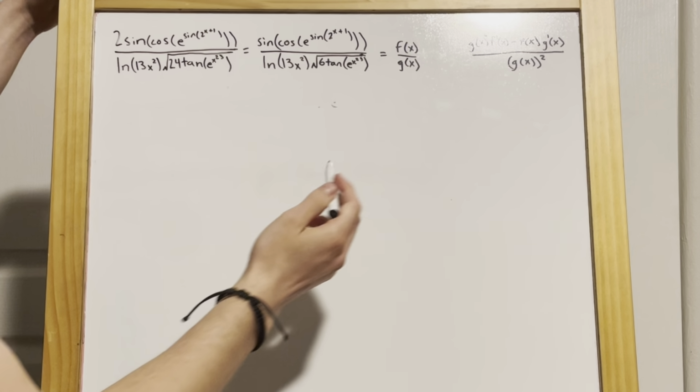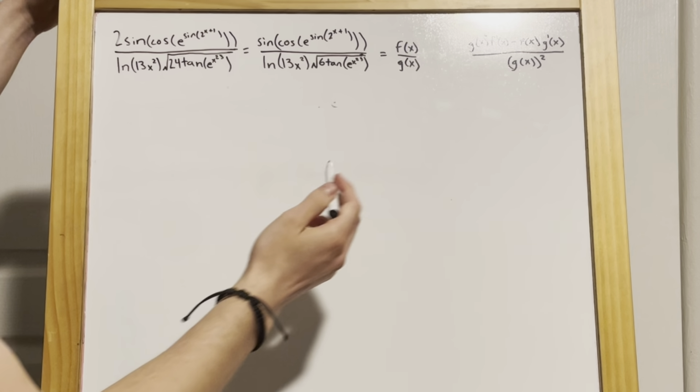like this, times the derivative of the inside function, which is right here, and we have another chain rule. The derivative of sine is cosine, so cosine of 2 to the x plus 1. And then finally, again, the derivative of the inside.